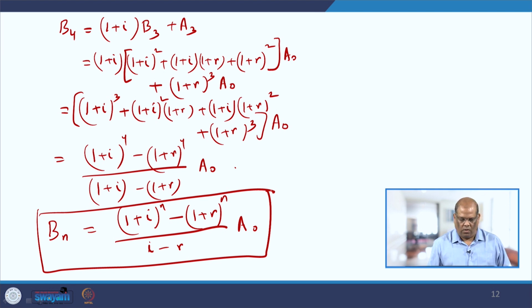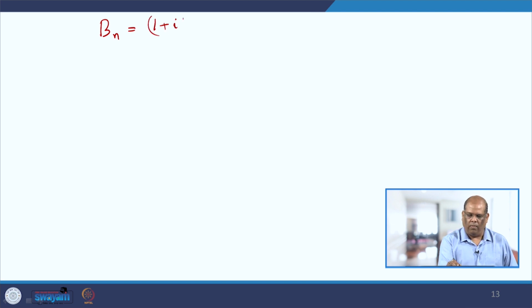So let's now find what will be his funding after 240 months. I write the formula one more time, which is Bn equal to [(1+i)ⁿ minus (1+r)ⁿ] divided by (i minus r) into A0.